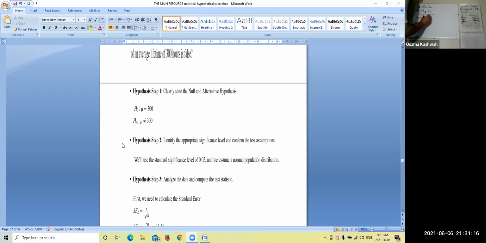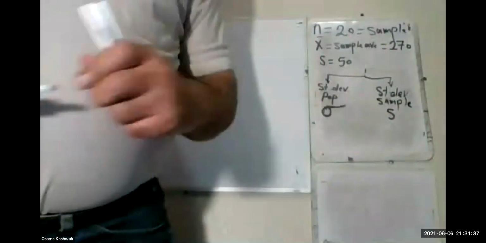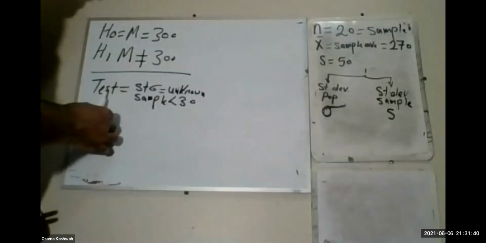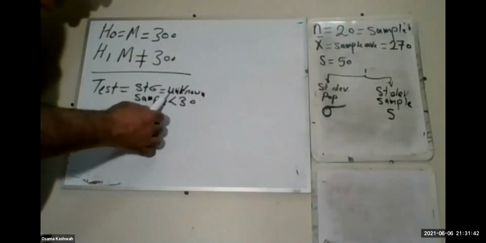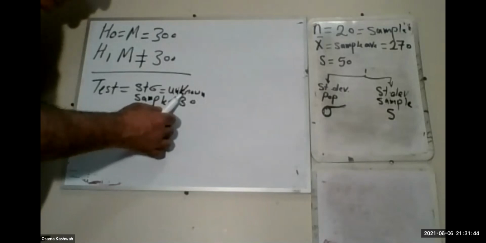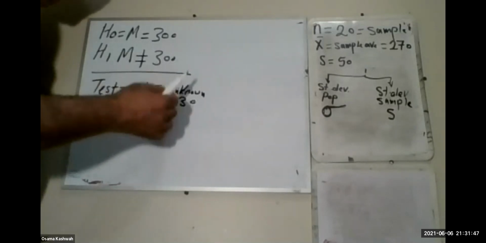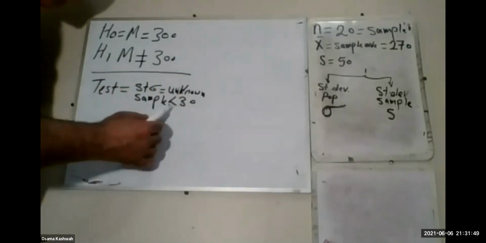The standard deviation sigma of the population is unknown, and the sample is less than 30.